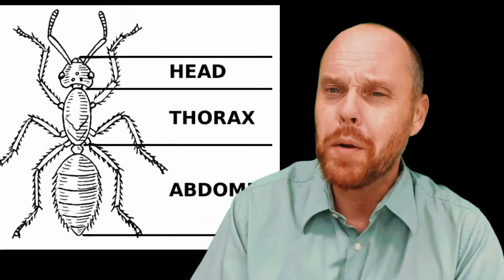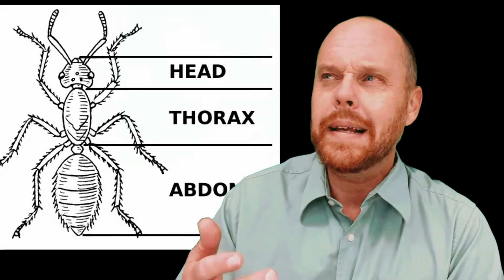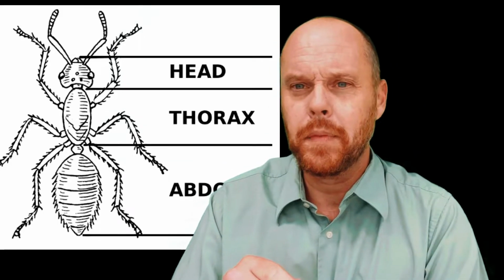Now, when we're talking about arthropods, though, it's a little bit more than that. See, spiders and crustaceans, such as lobsters or crabs, are also considered arthropods. Now, spiders have 8 legs. That's what makes them different and unique from all the other insects.